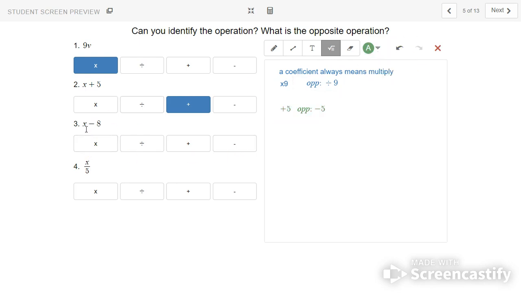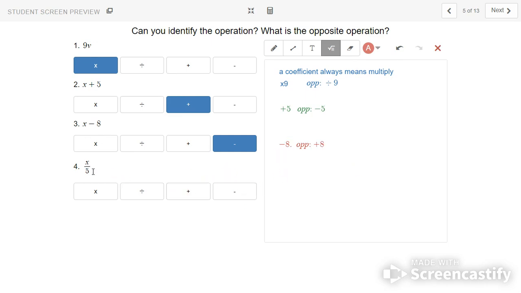The next example, x minus 8. We have a subtraction, and we're subtracting by 8. The opposite of subtracting by 8 would be adding 8.